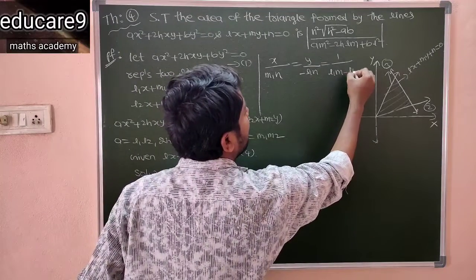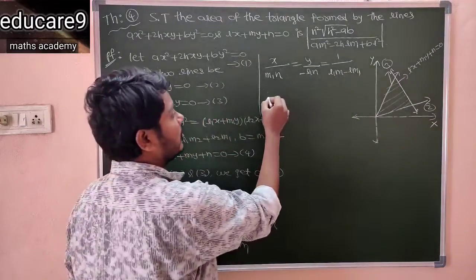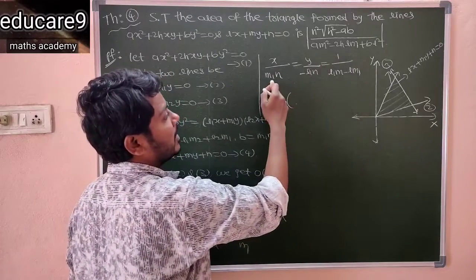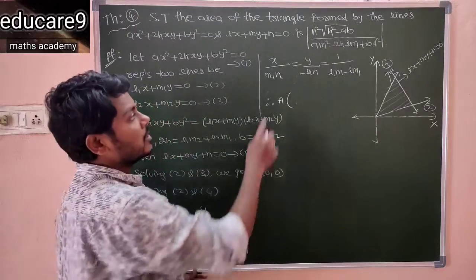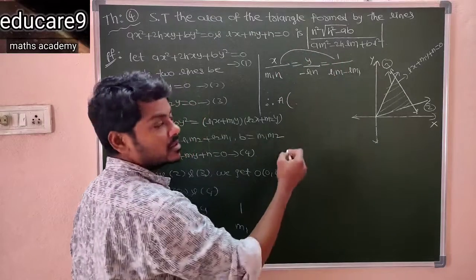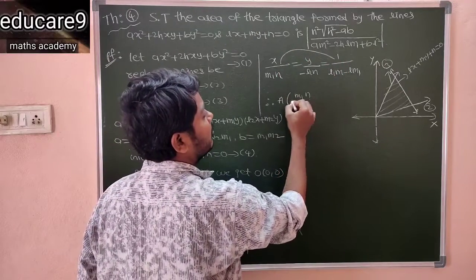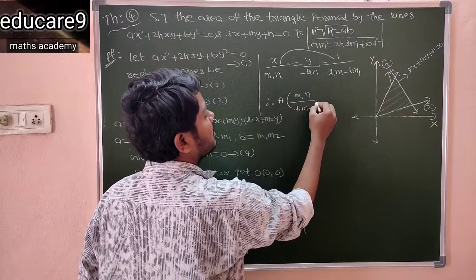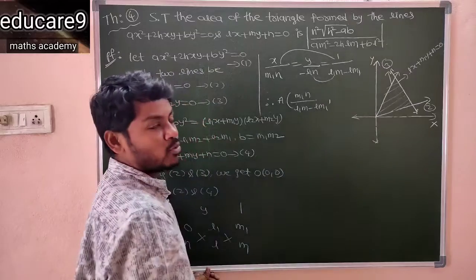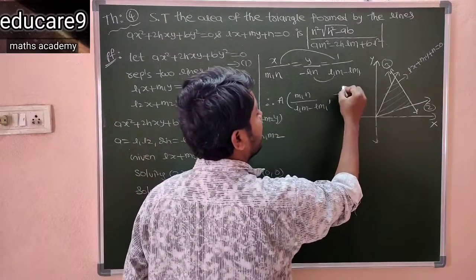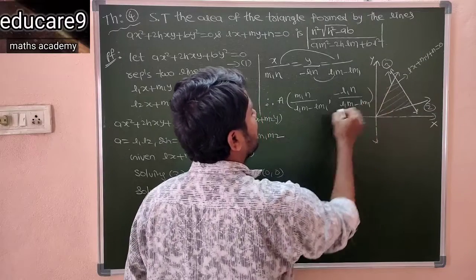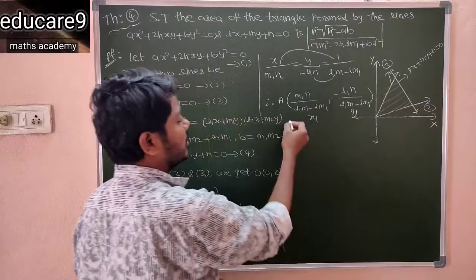Therefore the point is x comma y, that is m1n by l1m minus lm1, equating first and last. Equating second and last, you get the y coordinate, that is minus l1n by l1m minus lm1. So this is (x1, y1).